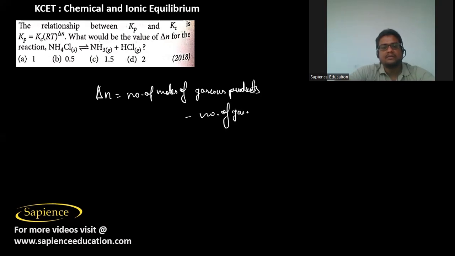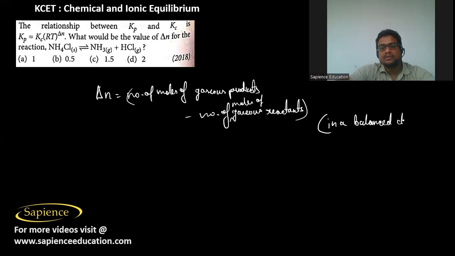Now delta N means the number of moles of gaseous products minus the number of moles of gaseous reactants in a balanced chemical equation.